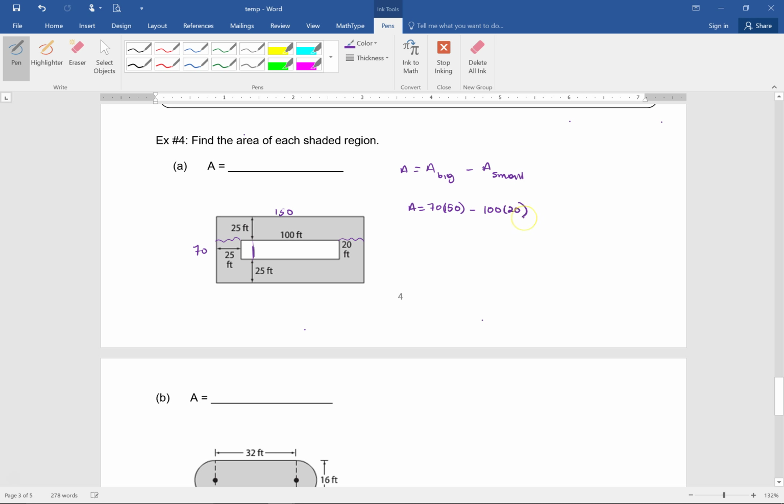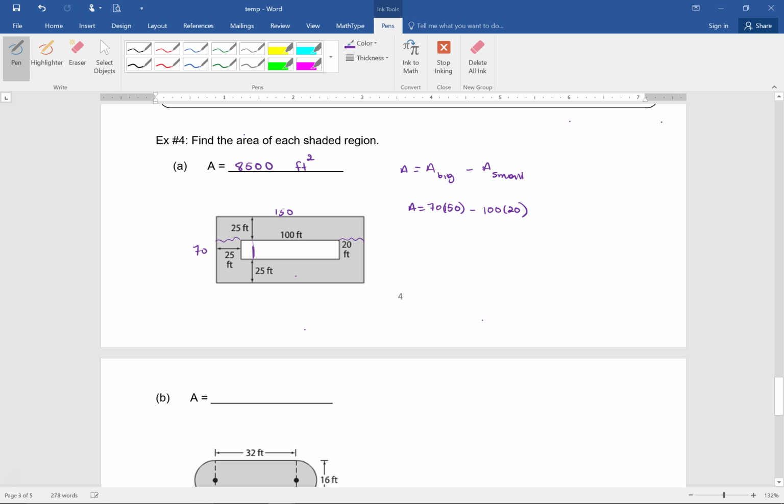And if you plug that in the calculator, how much do we get? We get 8,500.